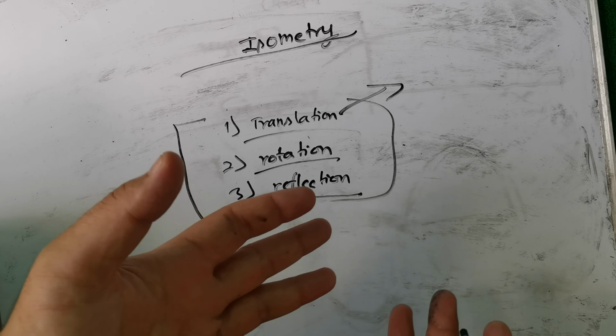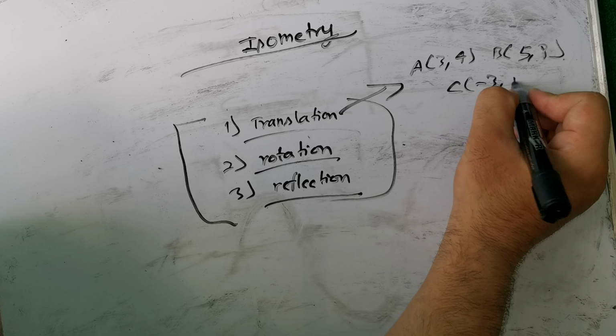You do not need to understand a deep dive. Okay, like some image: a (3, 4), b (5, 8), c (-3, 4).